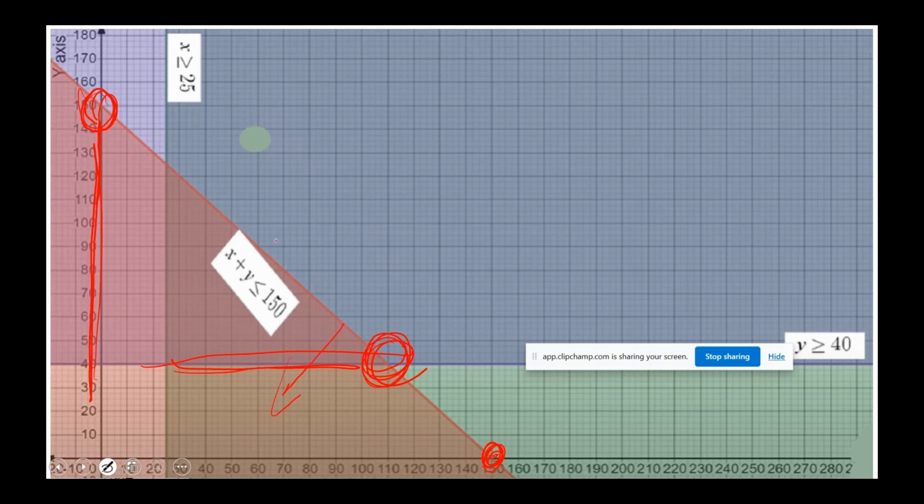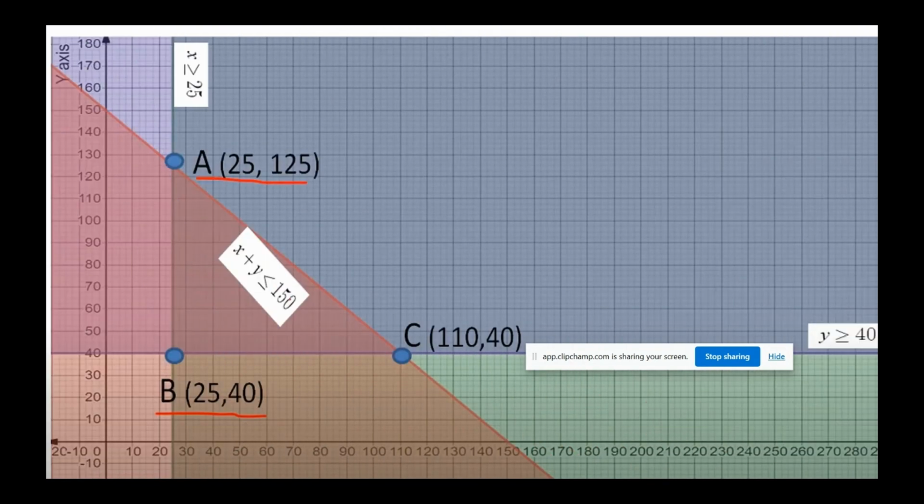Now it says less than or equal to 150. Less will always be on this side of the line because this is the lesser value. On the other side it is higher. So now we highlight all these regions, and we see where these three regions are overlapping. This is the region where all three constraints overlap.